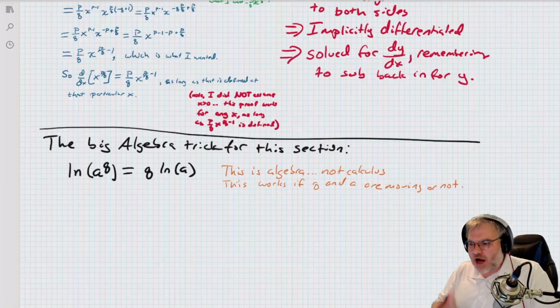Remember the rules. The power rule cares what moves. The power rule works only when the base moves and the exponent is constant.